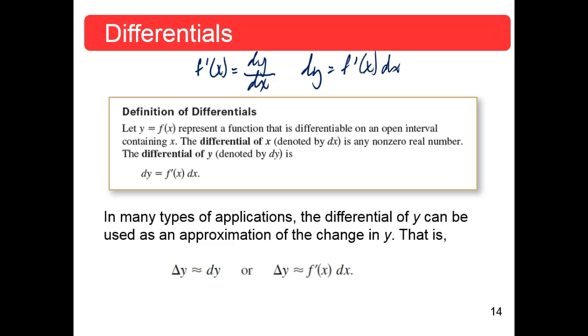Okay? So that delta y is approximately dy, or delta y is approximately f prime of x dx. Why didn't they put a delta x there? I'm not really sure, but they left the dx there. And that gives how much the y has changed over a small change of x.